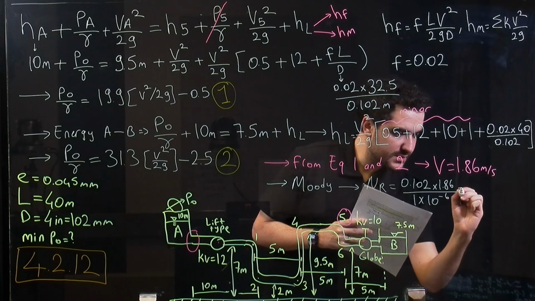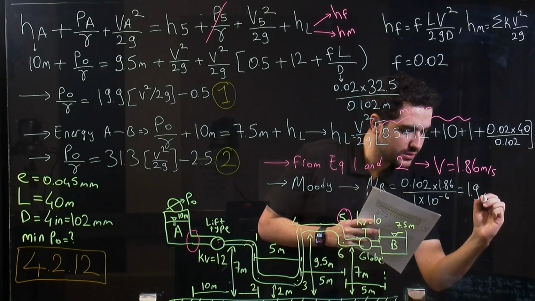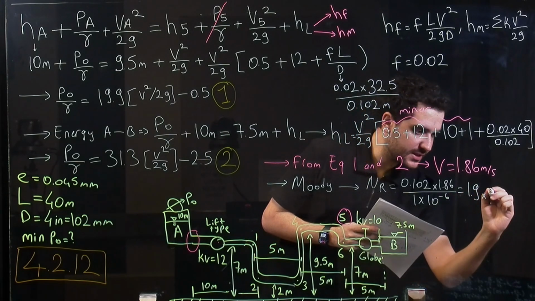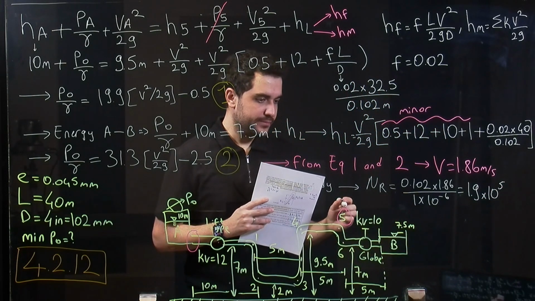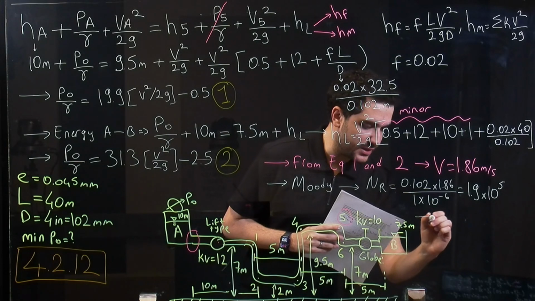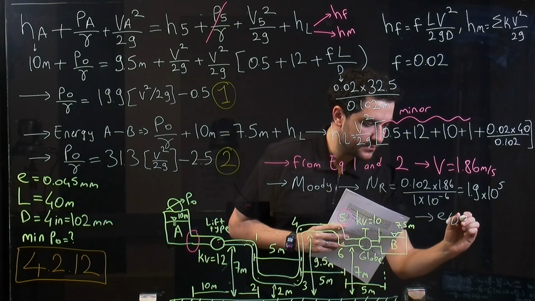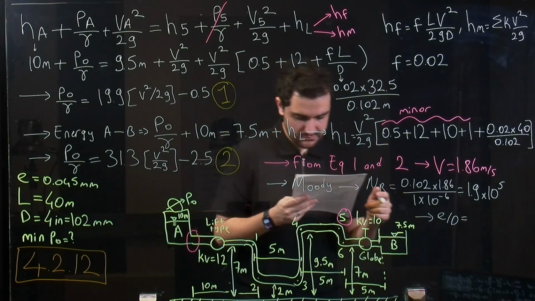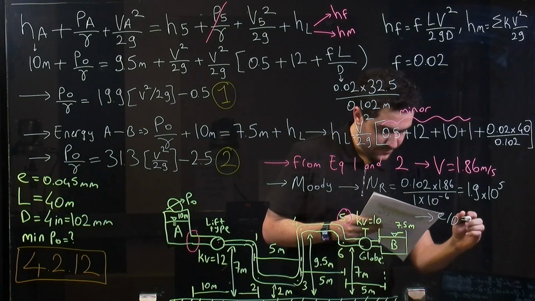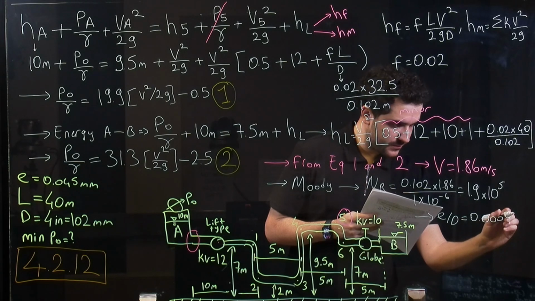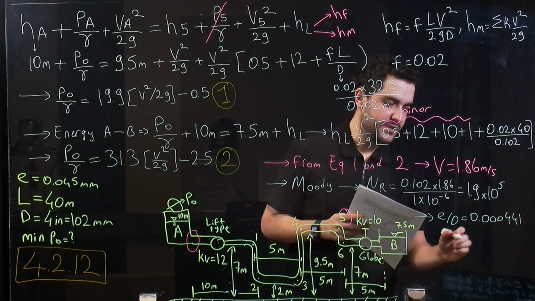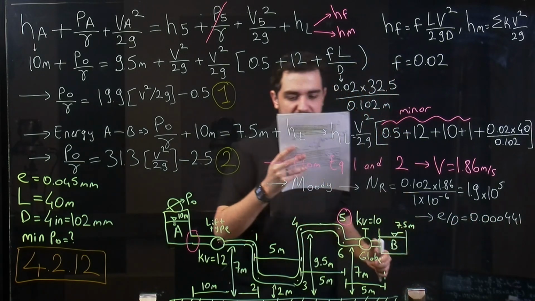And it gives 1.9 times 10 to the power of 5. And if we do E over D, it will give 0.00441.